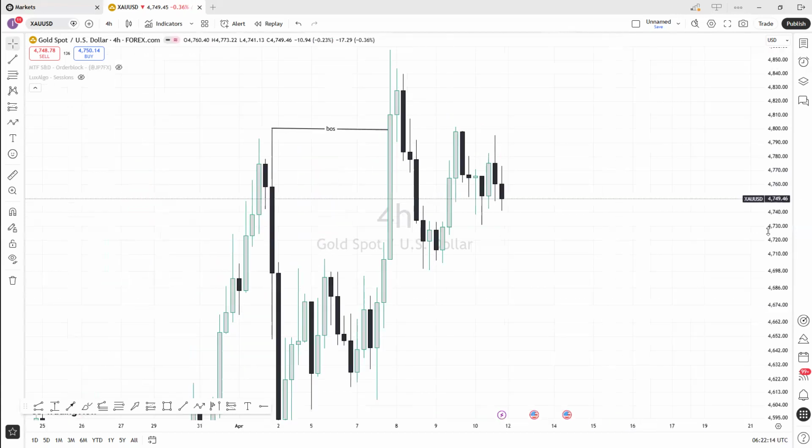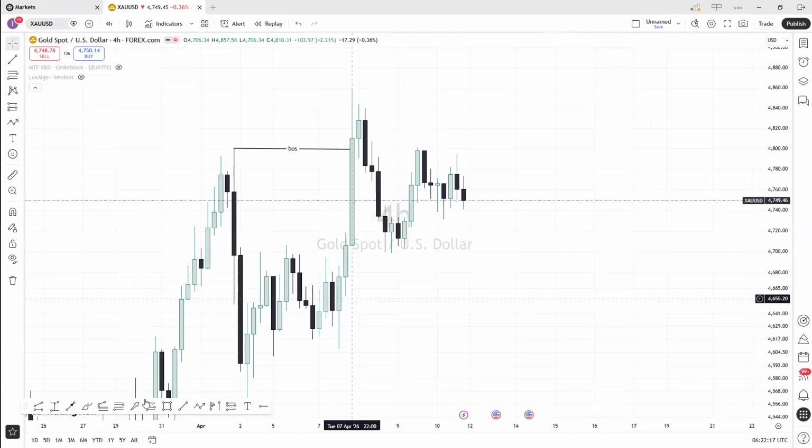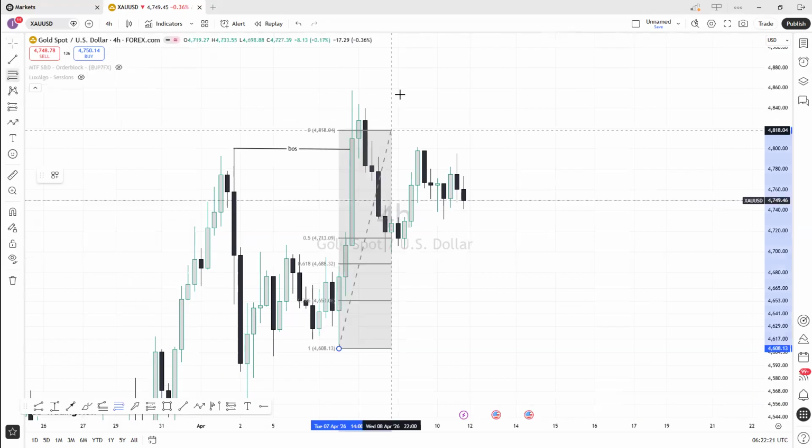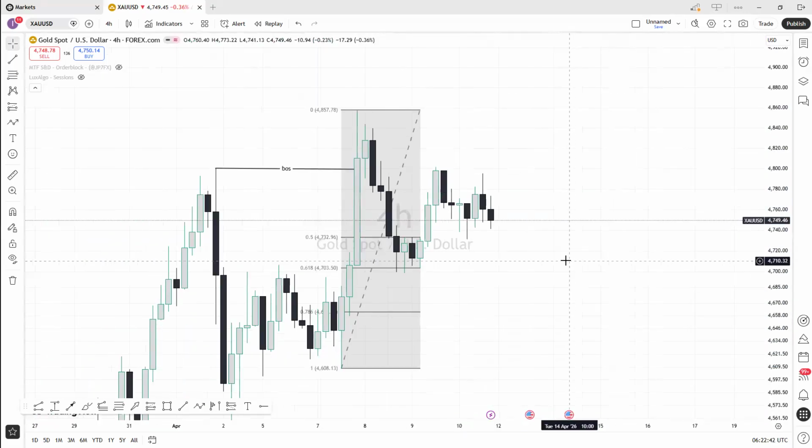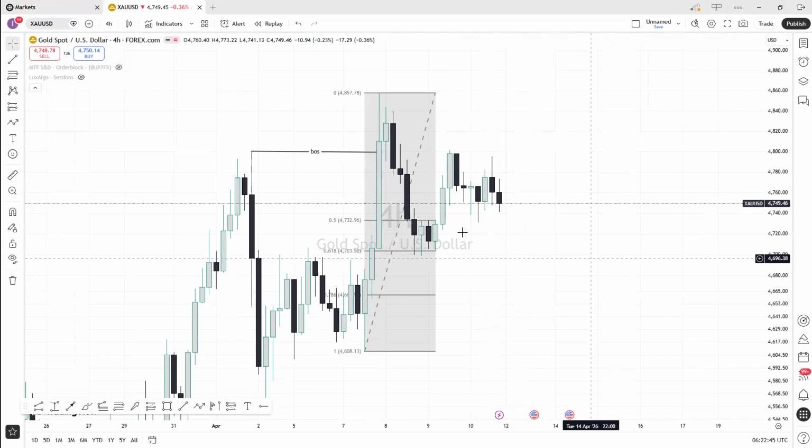So let us use Fibonacci here. When you use Fibonacci retracement from that point to that point, recognize that retracement already reached 50%. It is already activated 50%. Also, it activated the 0.6 optimal entry level. So that is just inducement.